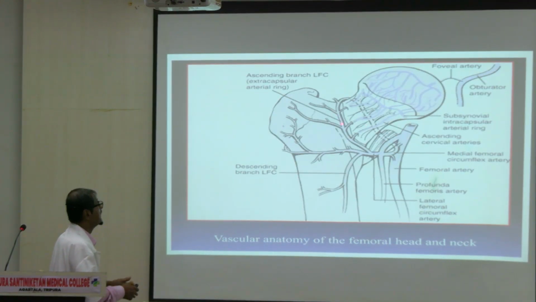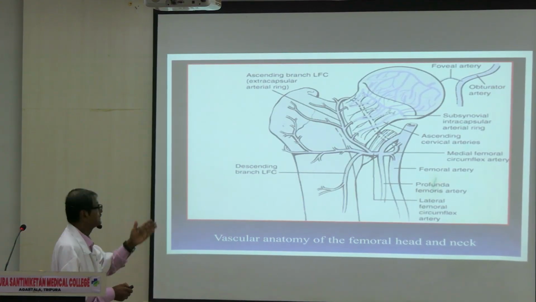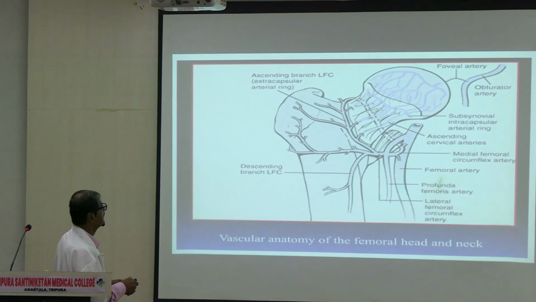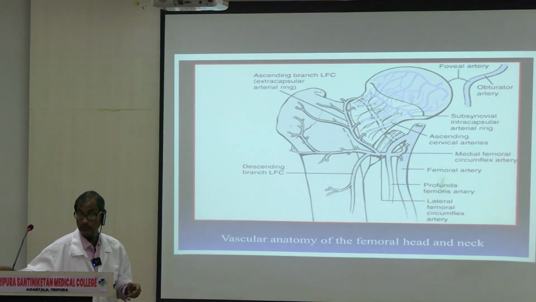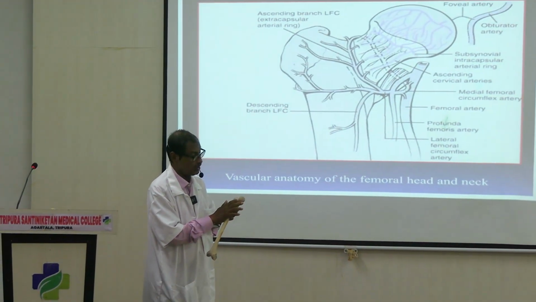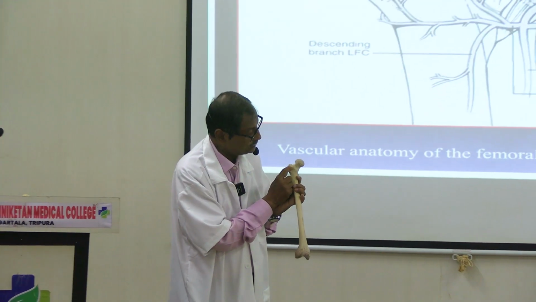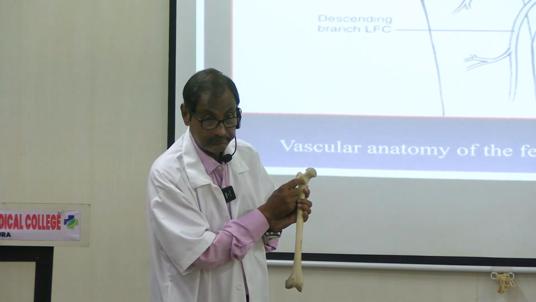So they make an anastomosis around the neck. This is outside the capsule. The capsule of the neck attaches anteriorly. All joints have a capsule, so the neck is the intracapsular part. This is attached anteriorly to the intertrochanteric line.